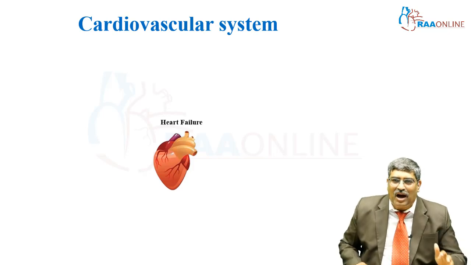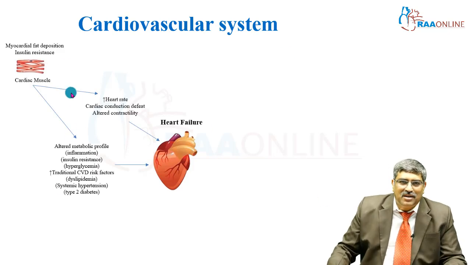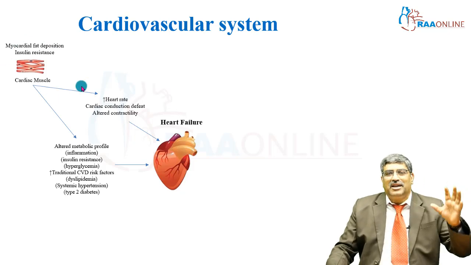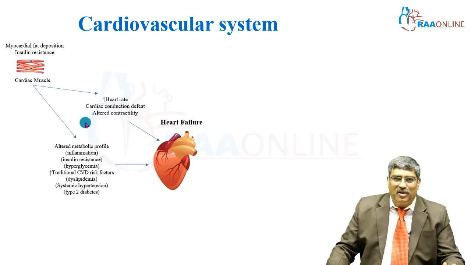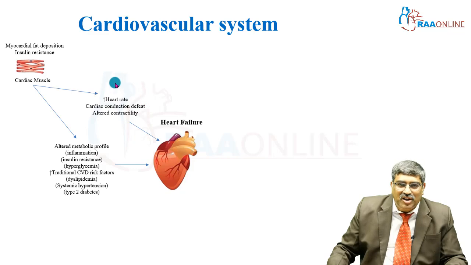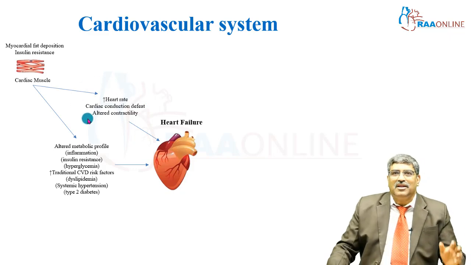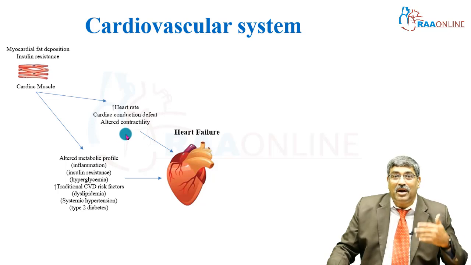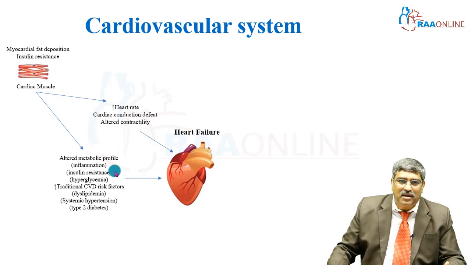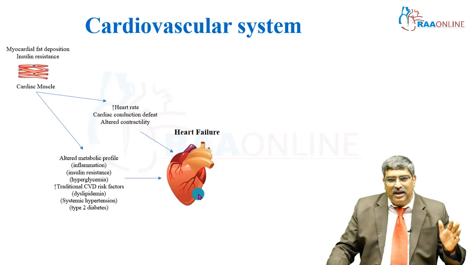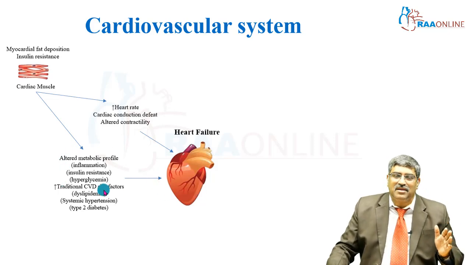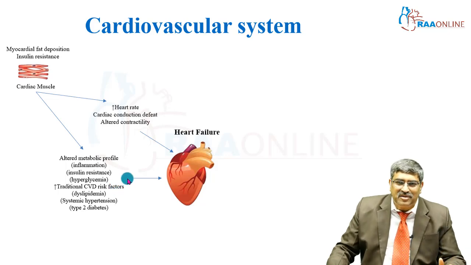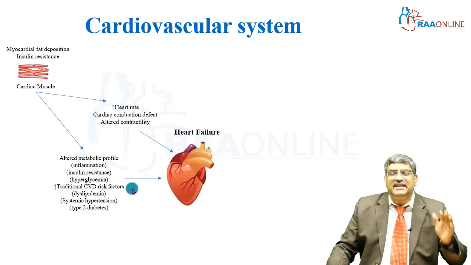Coming to heart failure, here there is fat deposited in the cardiomyocytes, which can alter your heart rate as well as your contractility. There will be tachycardia but altered contractility. And this altered metabolic profile can lead to hyperglycemia and diabetes mellitus, which have traditional risk factors.